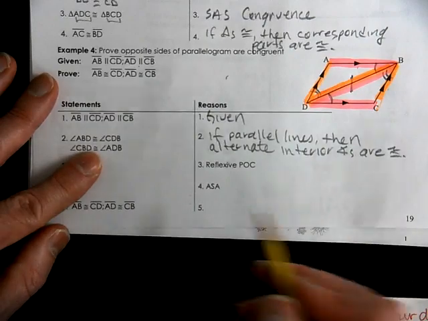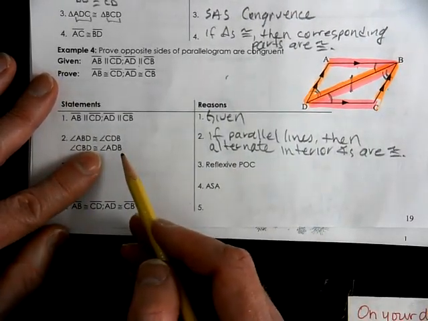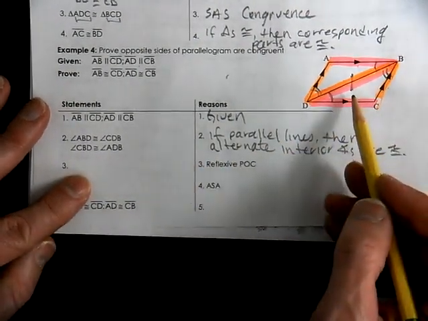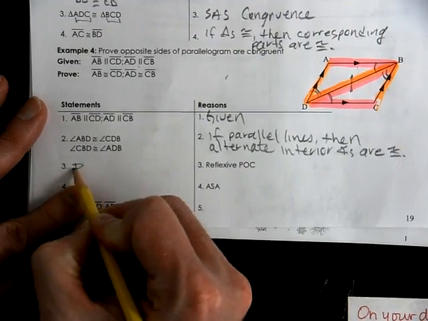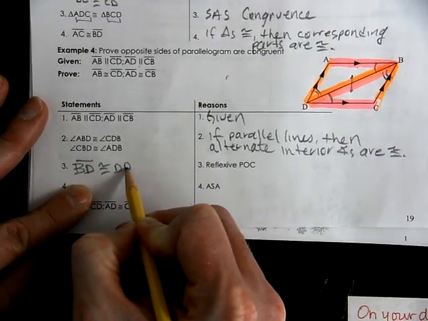If parallel lines, then alternate interior angles are congruent. That's why we know the angles are congruent. We have the reflexive side. BD is congruent to DB.